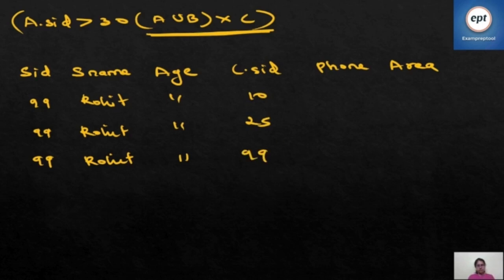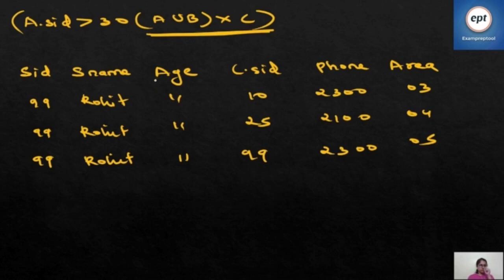And the phone number is this. Area will be 03, 04, 05. So these are the tuples, this is the table we got. Now what do we have to perform? The cross product of C.